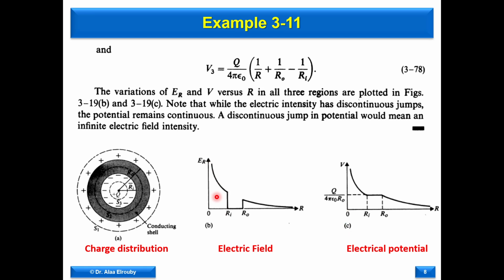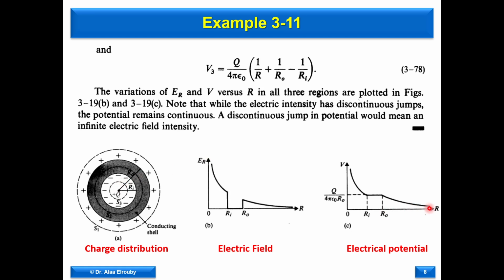We can draw the electric field as a value. The electric field goes from outside, 0 at infinity, increasing as we get closer till we reach R outer, then it's 0 inside the conductor, then it has a growing value inside region number 3.